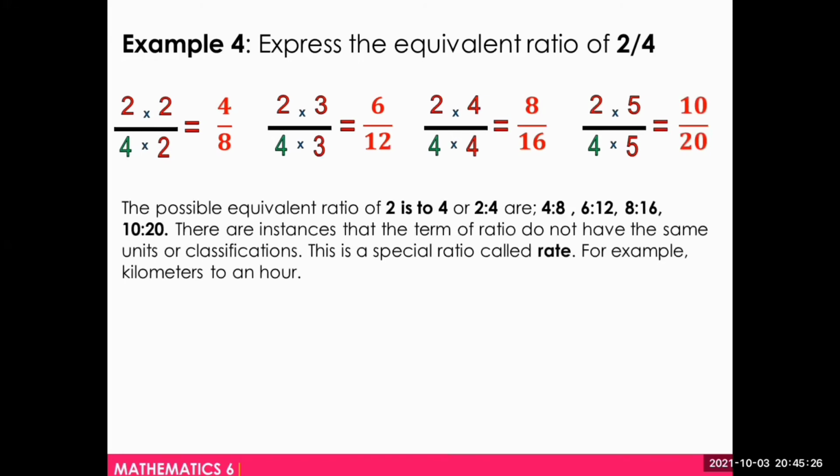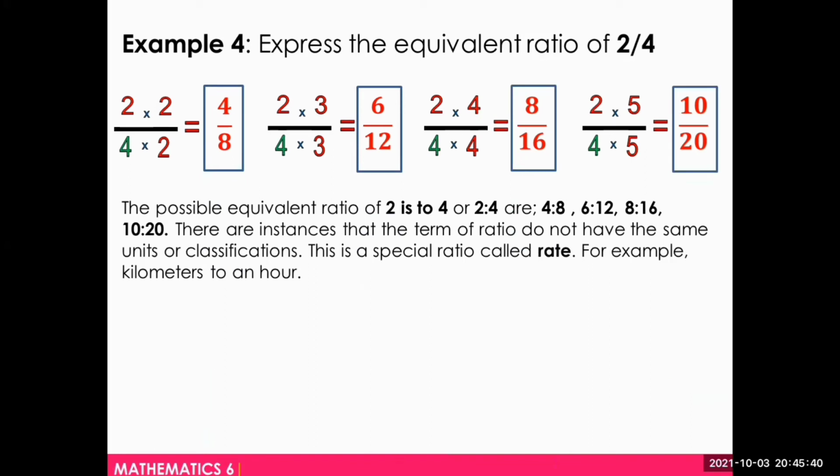The possible equivalent ratios of 2:4 are 4:8, 6:12, 8:16, and 10:20.